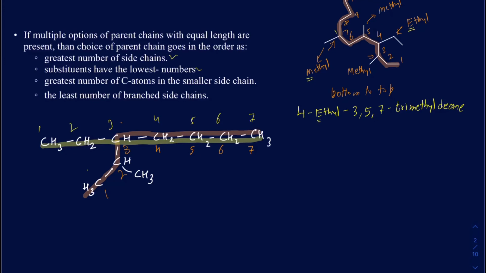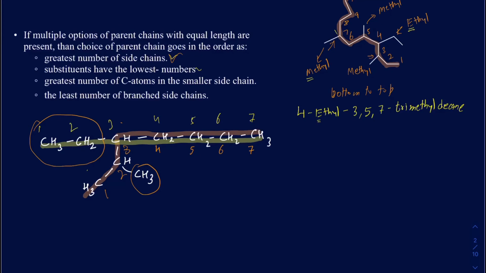When you do so, you get a substituent on the second carbon, and then a substituent on the third carbon. And the rule is you want to pick the parent chain that gives you the maximum number of side chains. So you want to go with this orange color there.